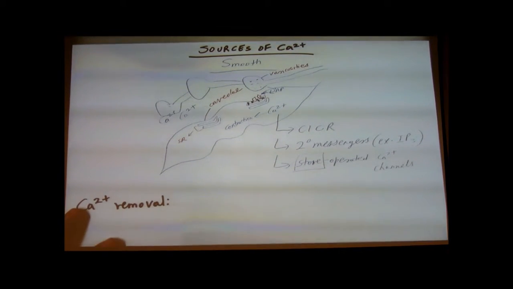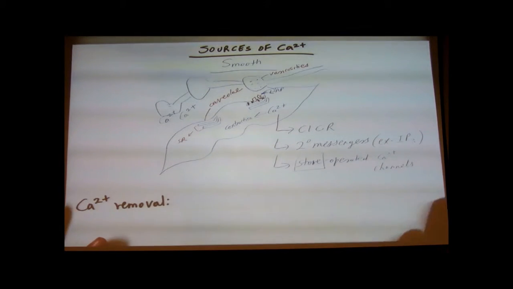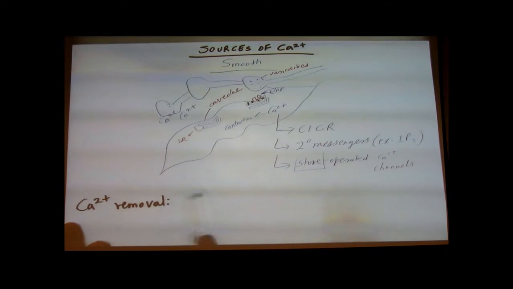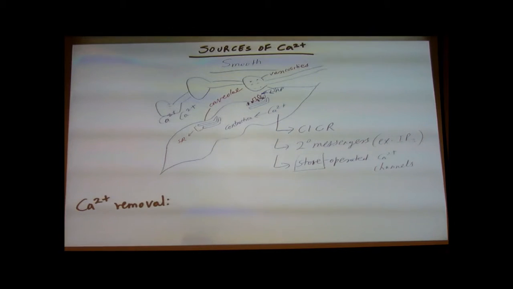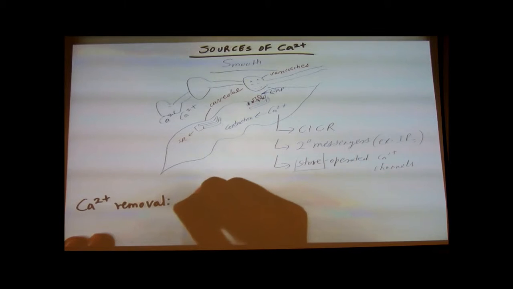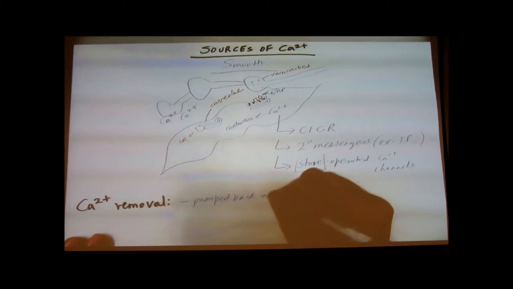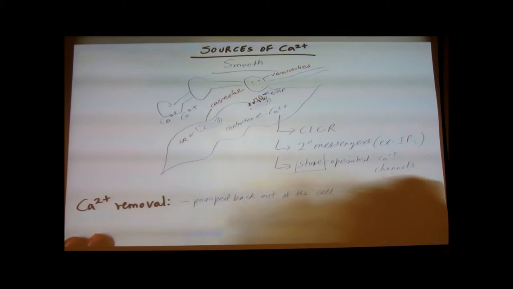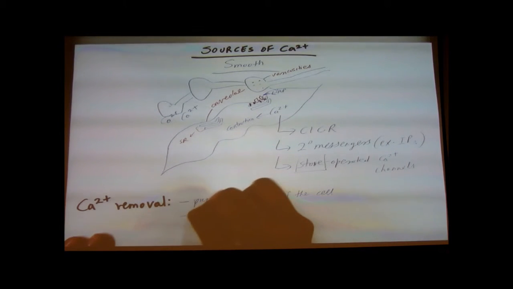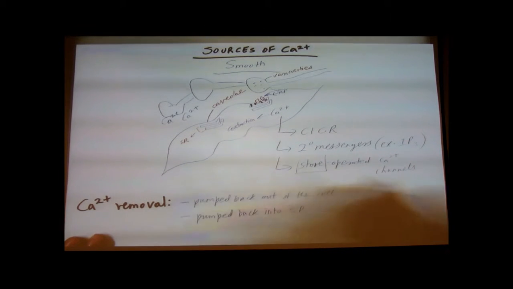Okay. So if we have a source of calcium ions to allow contraction to be regulated, it's also important to remove the calcium at some point so that the muscles can go back to being relaxed out of their contraction state. So there's different ways calcium can move. They can be pumped back out of the cell. They can be pumped back into the sarcoplasmic reticulum.